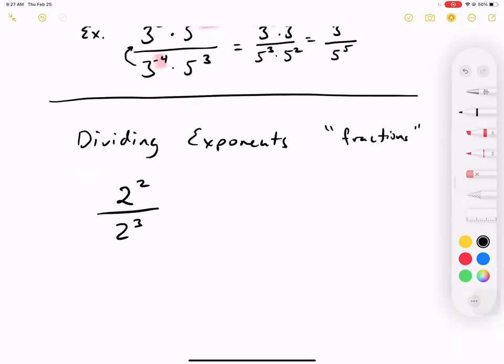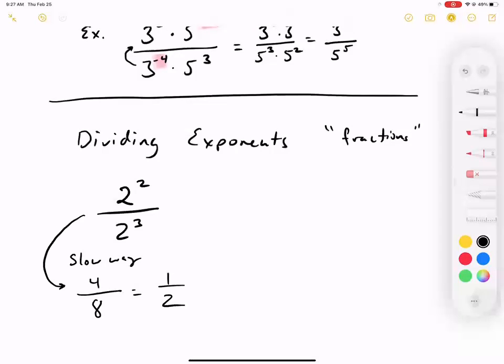Now, our old classic way of doing this is you would just say what's 2 times 2. And this is slow, okay? I'm going to write this a slow way. We're going to say 2 times 2 is 4, and 2 times 2 times 2 is 8. And then you would divide these. Doesn't 4 go into 8 2 times? Right, that's how we would divide it, the old classic way.